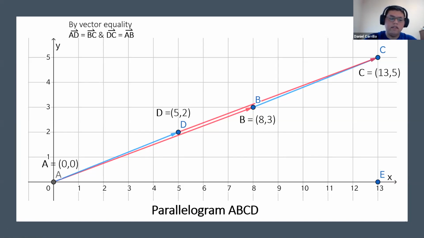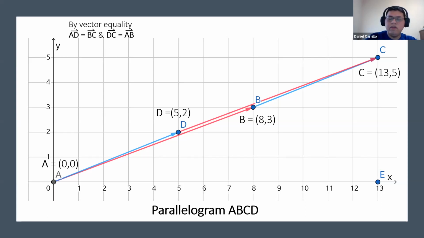I color coded it so the magnitude of the blue vectors is equal to the hypotenuse length of the blue triangles, and the red vectors' magnitude is the hypotenuse length of the red triangles. I also labeled the points in order so we can refer to this parallelogram as ABCD.